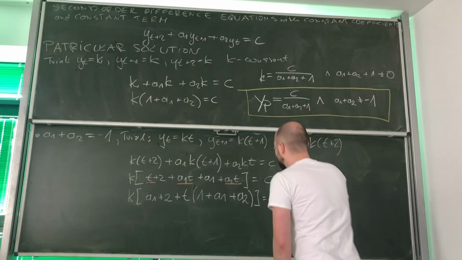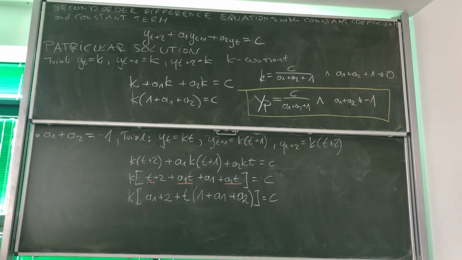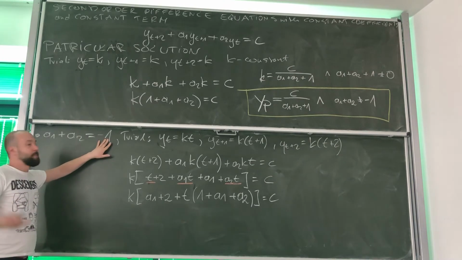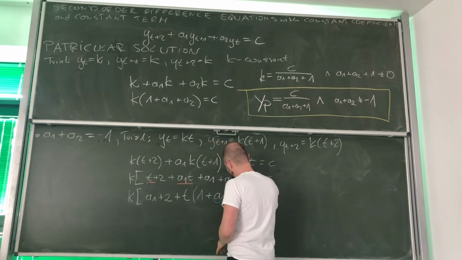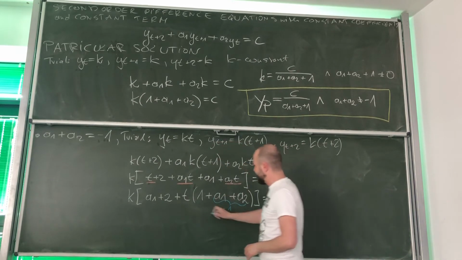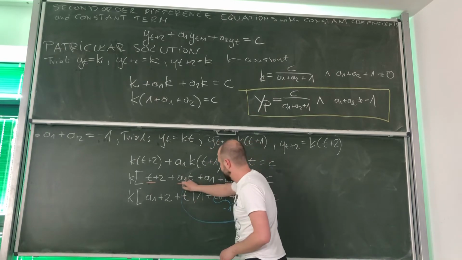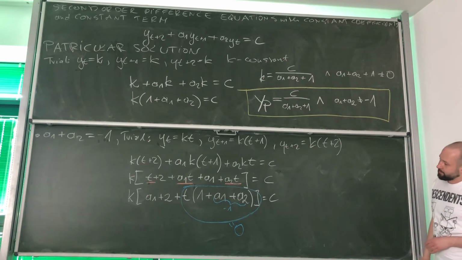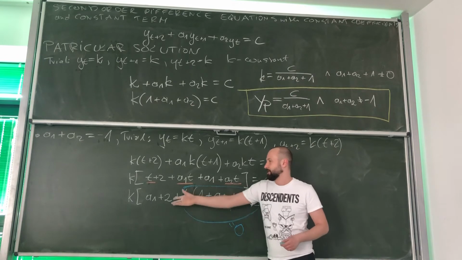So now let's notice a very important thing. a1 plus a2 is equal to -1. So this is equal to -1 plus 1, which means that this whole thing must be equal to 0, right? 0 times t, 0.